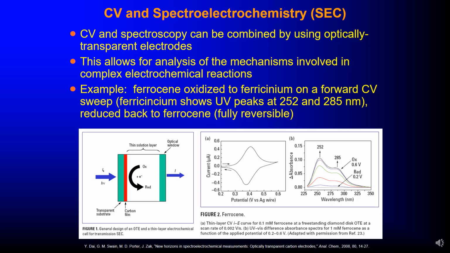Example, ferrocene oxidized to ferricenium on a forward cyclic voltammetry sweep. Of course, ferricenium shows UV peaks at 252 and 282 nanometers. Reduced back to ferrocene can be fully reversible.